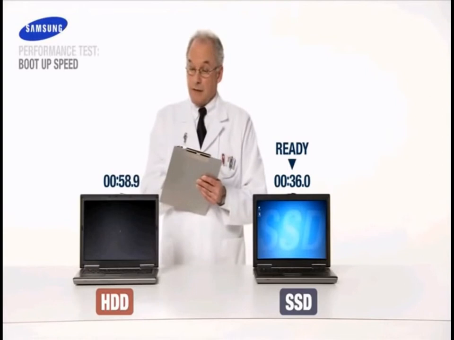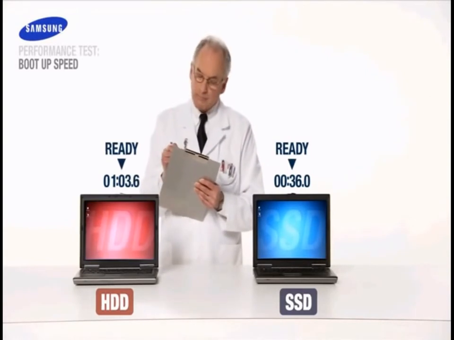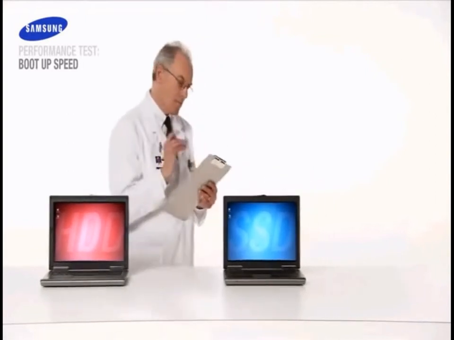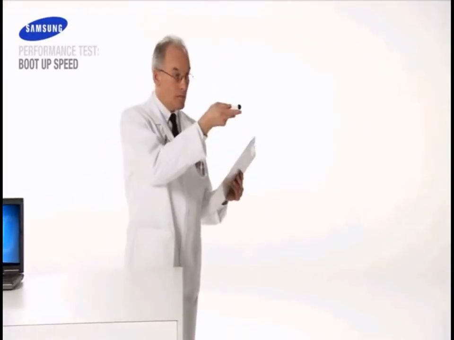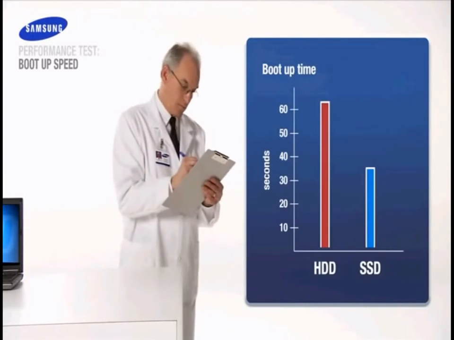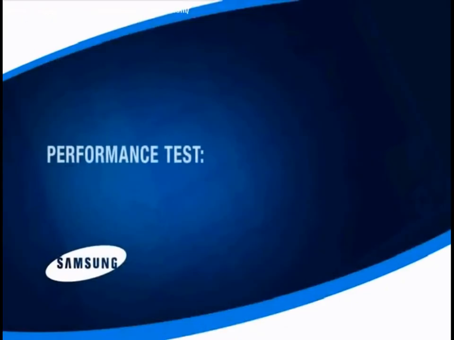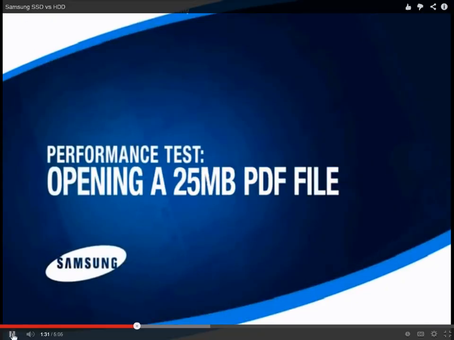And I will tell you, our times when we tested solid-state drives are pretty comparable to this. The network boots slightly slower. We got 43 seconds on our machines, but it's pretty darn close. And we saw a measurable difference between solid states and spinning drives. Like I said, though, he's comparing a solid-state drive.